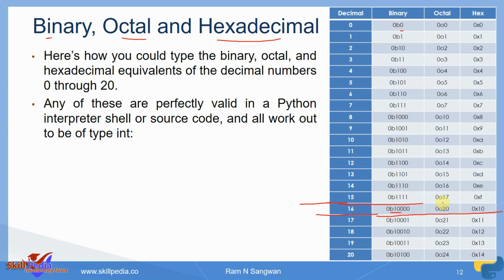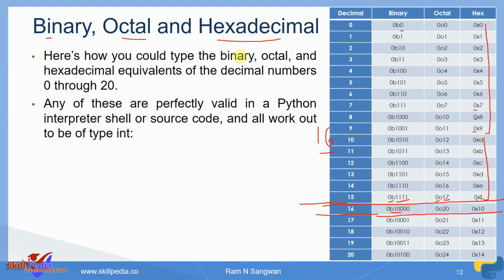So 15 is represented by 0b1111. In octal it is 0o17. In hexadecimal it is 0xF, because as I said, from A to F and 0 to 9, and the leading literal you can use is 0x.